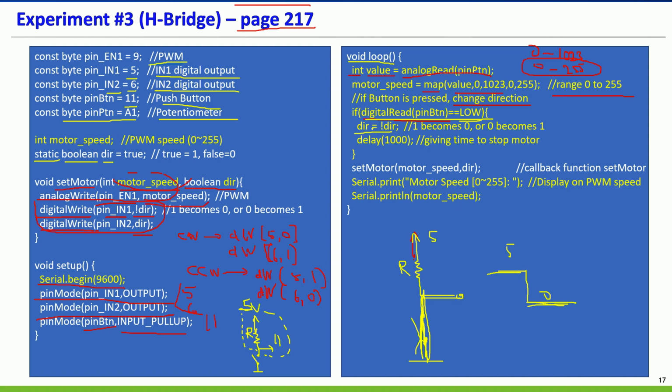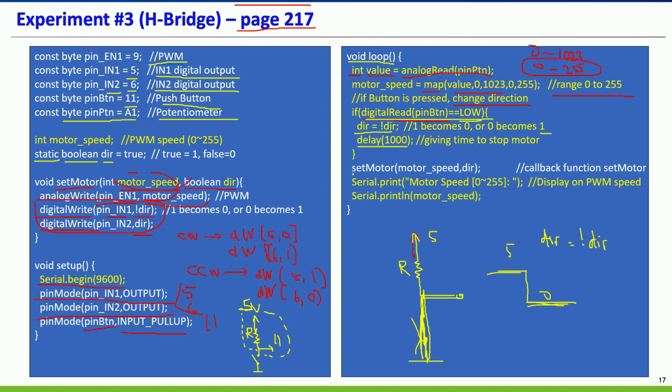In here, the direction variable is given the value of not direction. This means direction equals not direction. So the value 1 becomes 0, or when the value is 0 it becomes 1. Okay, and then just give the time to stop the motor for 1 second.